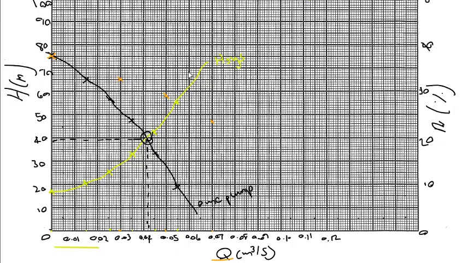So the next point would be over our 0.11 reading. No, sorry, it's going to be 0.09. So the next reading will be our 0.09. And that will be 34, the head value being 34.